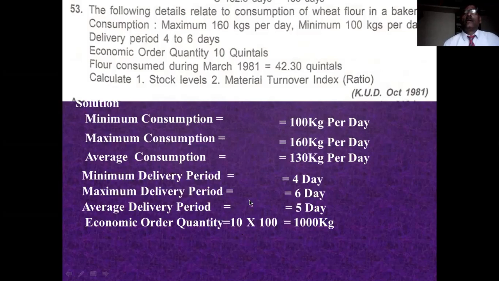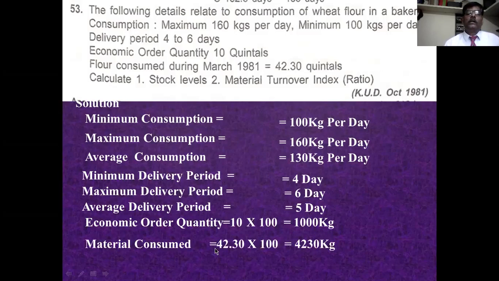Economic order quantity is 10 quintals. So quintal is converted into kg. Quintal means 100 kg, multiply by 100, you will get 1000 kg. Then material consumed is also converted into kg. 42.30 quintals is equal to 4230 kg.